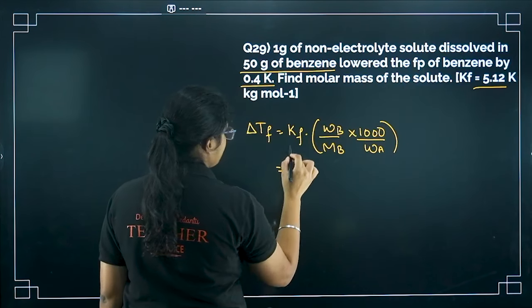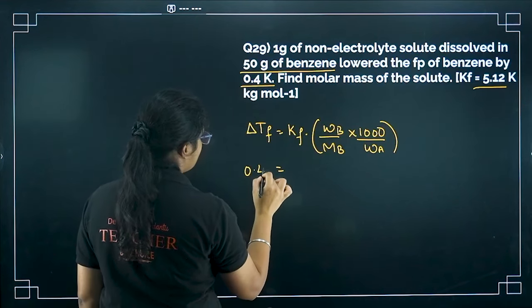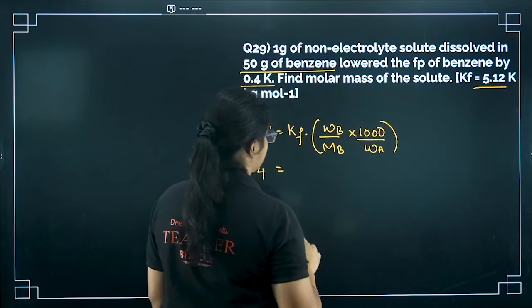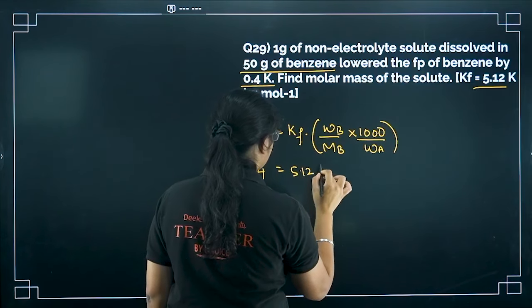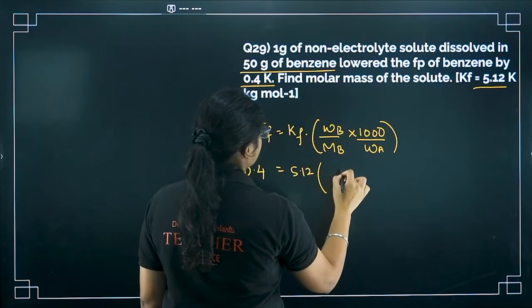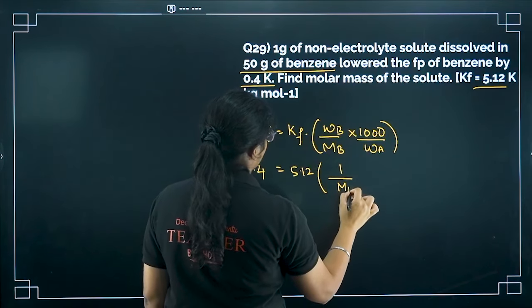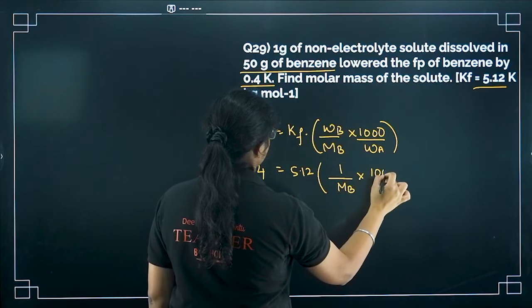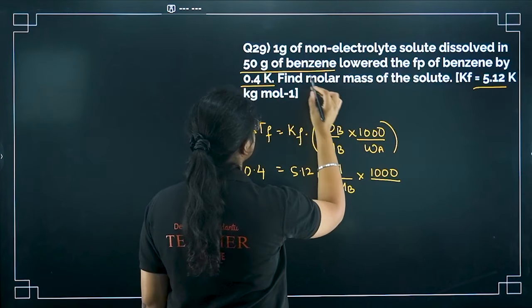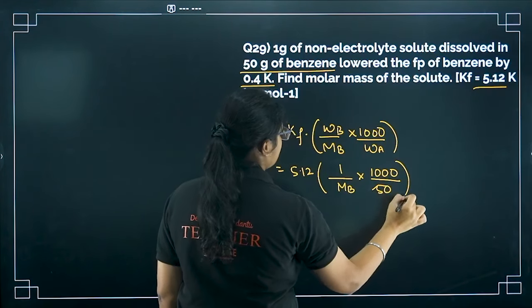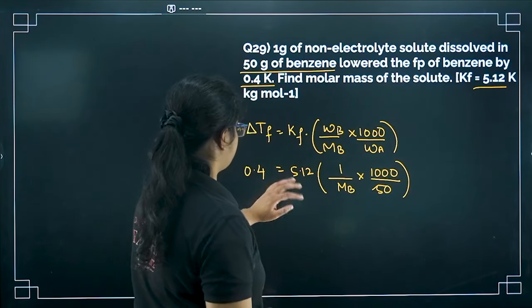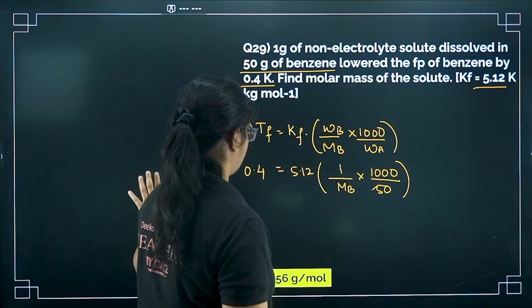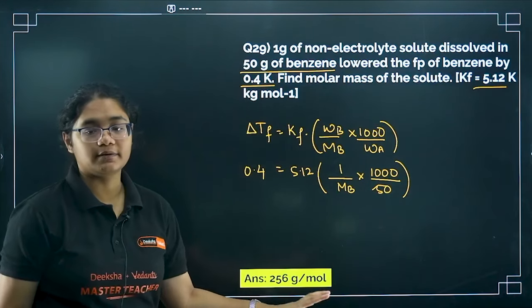So delta Tf value is 0.4. What is the Kf value? That is 5.12. Wb is 1 gram, molar mass I have to calculate, into 1000 by mass of the solvent, which is 50. If I solve this, I get MB value equal to 256 gram per mole.